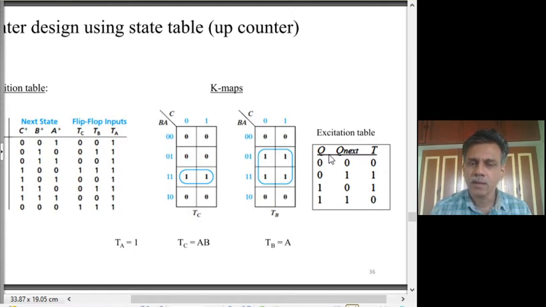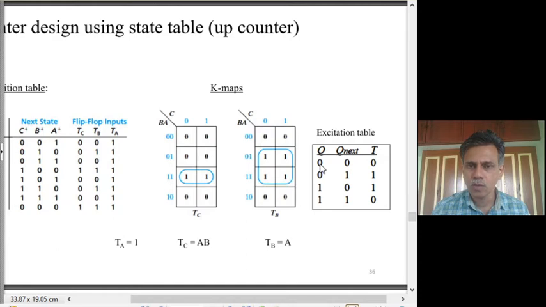We know that when the flip-flop does not change, that is as a result of an input 0 in the T input of the flip-flop. When T is 0, then the flip-flop does not change. So whenever the present state and the next state are the same value, the corresponding excitation at the T input has to be 0.